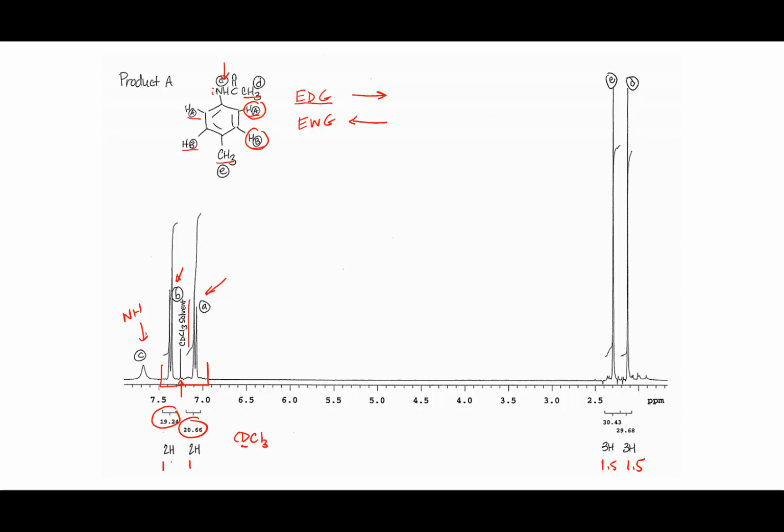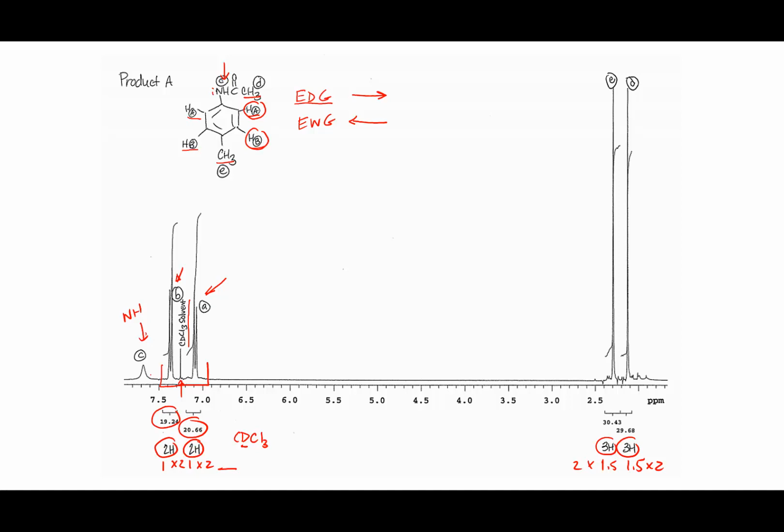You would then multiply each one by 2, and so we would come up with 2H, 2H, 3H, and 3H. And so you'll want to do this for your part A spectrum. Show your ratios, and then convert those to protons.